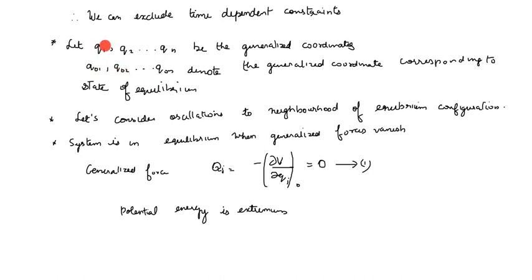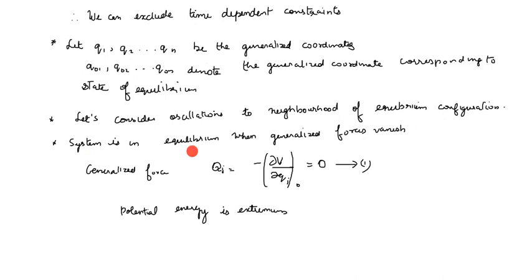These values q1, q2, etc. are the values of coordinates at any instant, and q01, q02, etc. are the generalized coordinates at equilibrium position. And now we are considering oscillations in the neighborhood of this equilibrium configuration, that is, very small oscillations having small amplitudes.